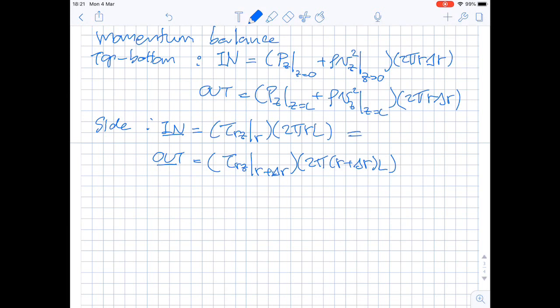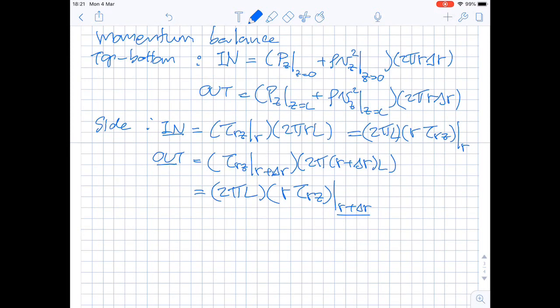If I take 2 pi L out, the rest that I have can be R tau RZ, the whole thing taking place at R. For output, if I take 2 pi L out, what I have inside is R tau RZ at R plus delta R. In other words, if you replace R plus delta R over here, you get the same thing on this line.